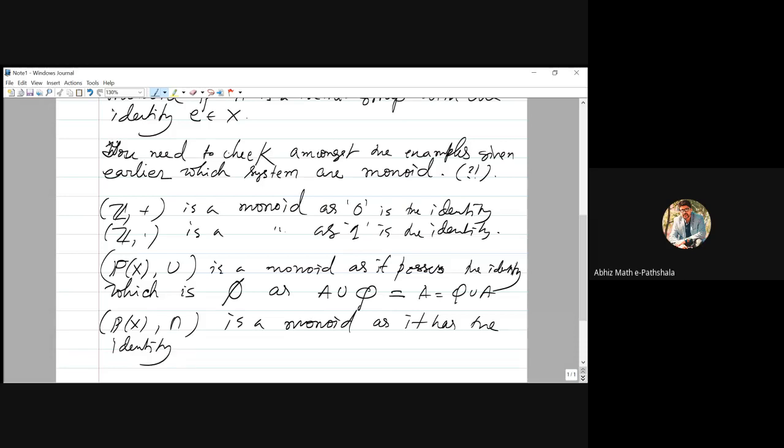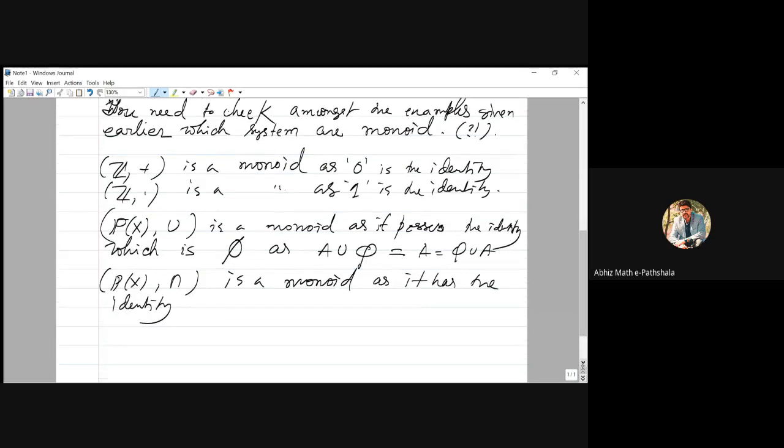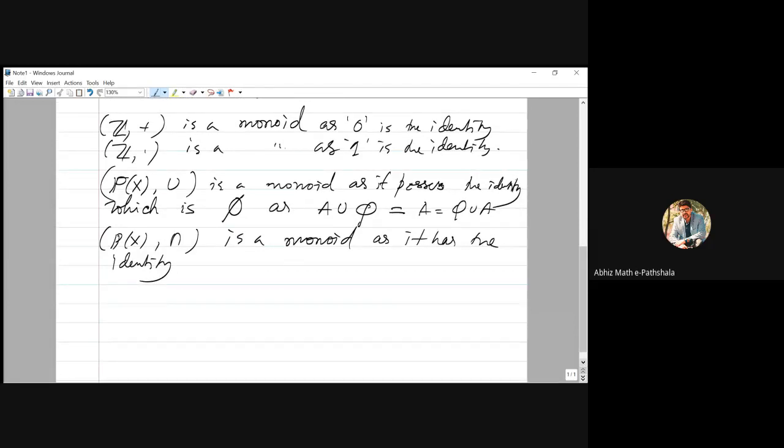Which one? Which will be the identity for the intersection case? The whole set X, as if you execute this operation intersection over any set A subset of X, then it will definitely give you this A. So therefore, X will be the identity. Okay, fine.